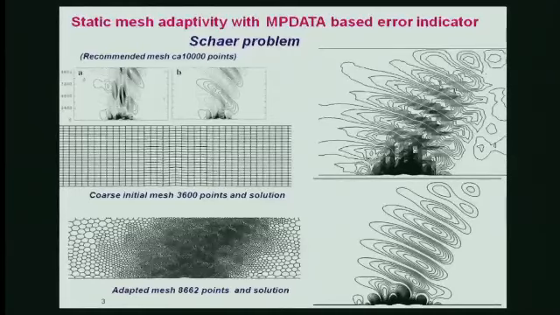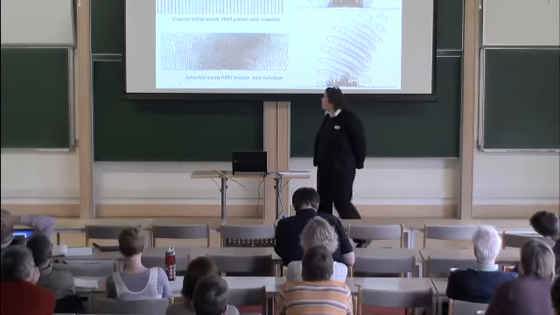The next illustration is for anelastic equations, the same type of solution but different equations. So here you have a little illustration of how one could use static adaptivity, and in this case we solve the well-known Schär problem. On the top panel you may see a typical issue with the Schär problem.